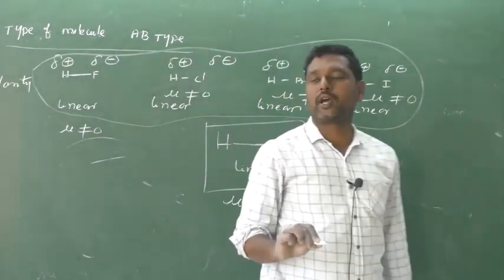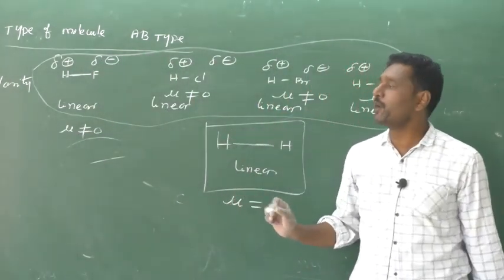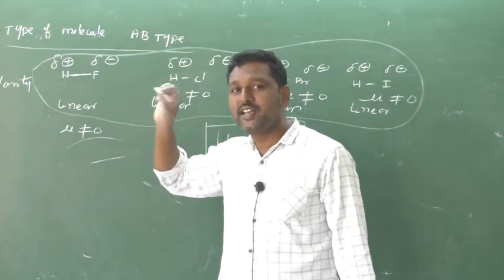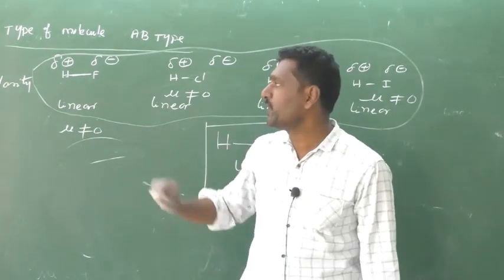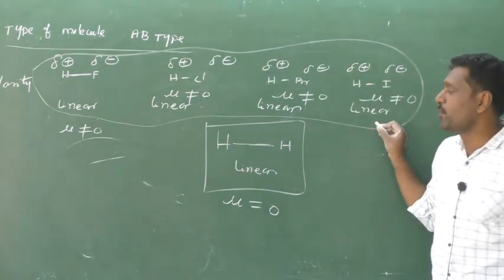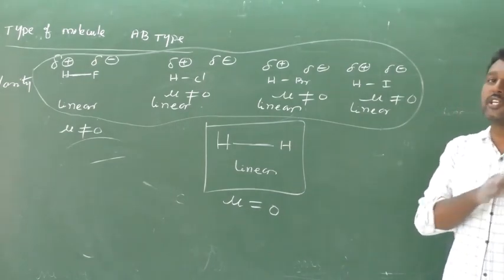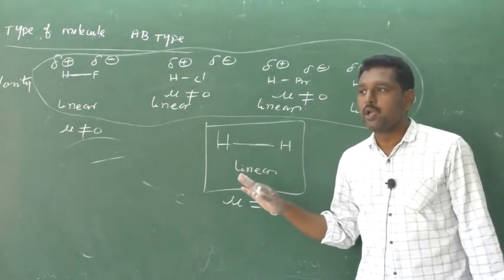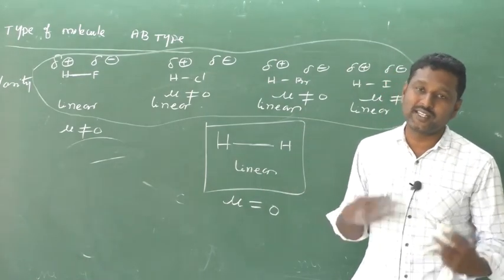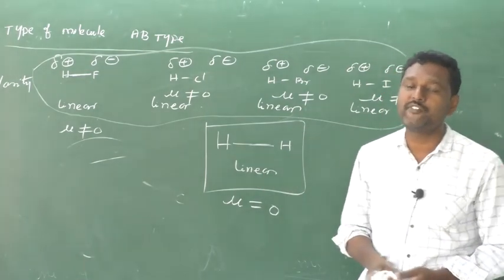If there is no polarity, there is no dipole moment. But here there is some value, not equal to 0. So this is about type of molecule; we are discussing many examples of dipole moment.